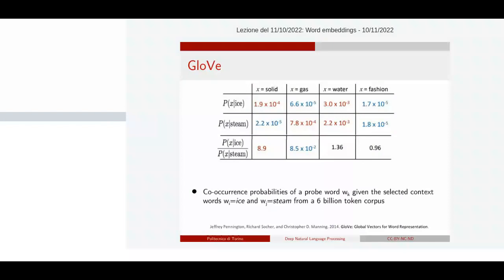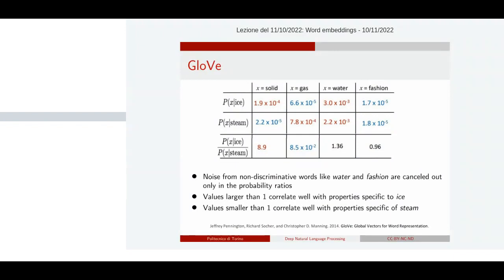A simple yet effective way to counteract such a noisy effect is to no longer consider simple co-occurrence frequencies, but rather the ratio of the conditional co-occurrences. If you consider the ratio between the word given ice and the word given steam, the ratio of the co-occurrence probabilities is less likely to be noisy, so it is more representative. They have demonstrated it empirically, and this holds especially for particularly complex distributions like social network data or similar.